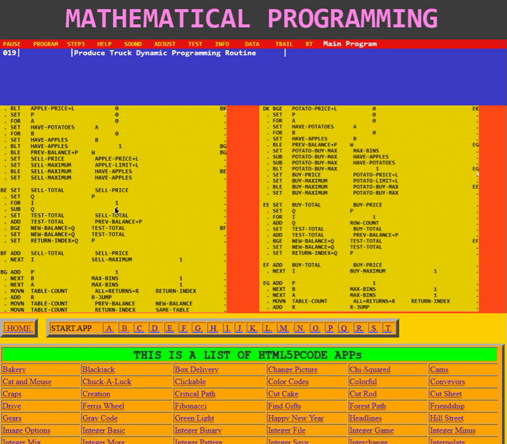So the first thing it actually does is it subtracts 1 from Q because it wants to sell only 1 apple. Then it sets the test total to the sell total. That's what we had here. Then it adds to it the previous balance. Remember, P stands for what value do we have with this many apples before.